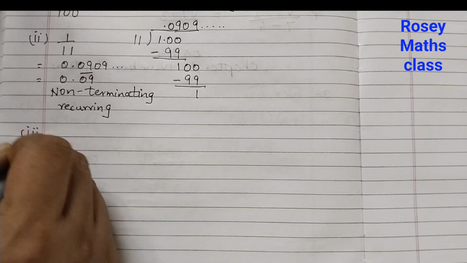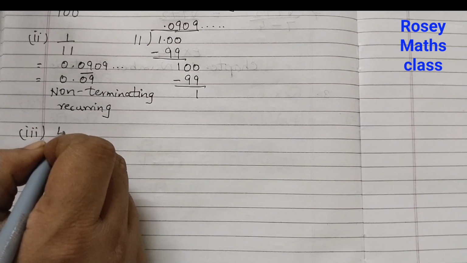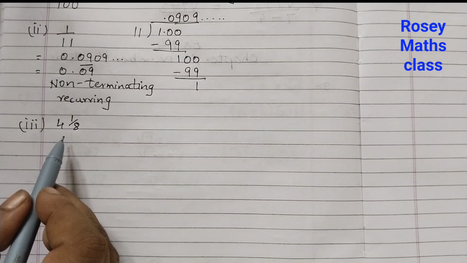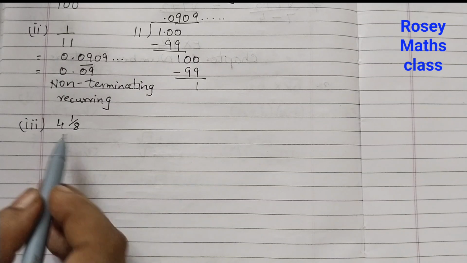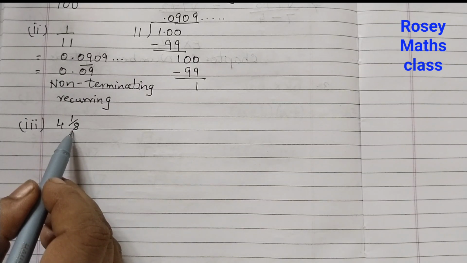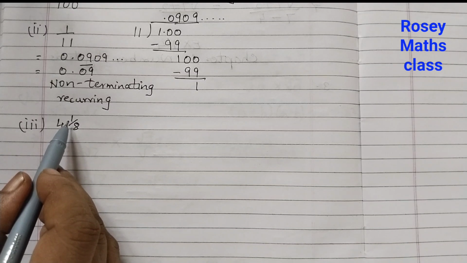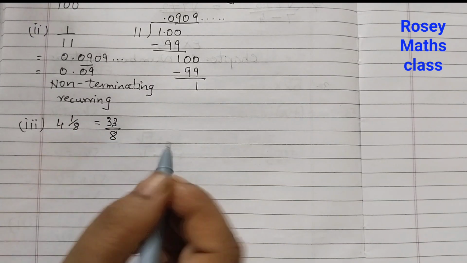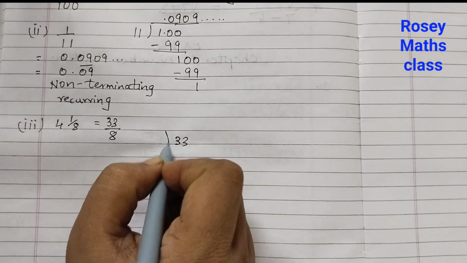Third problem, 4 and 1/8. This is a mixed number. First we will convert it to an improper fraction. So 4 into 8 is 32, plus 1 is 33. So this can be written as 33 by 8.